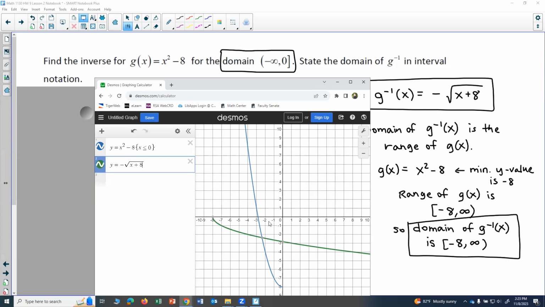And you can see from these two graphs that we have the symmetry over the line y equals x. And that's a really good visual way to check that you have the correct inverse and that you have the correct restrictions on domain. And you can also see that the domain of your inverse goes from -8 onward to infinity.